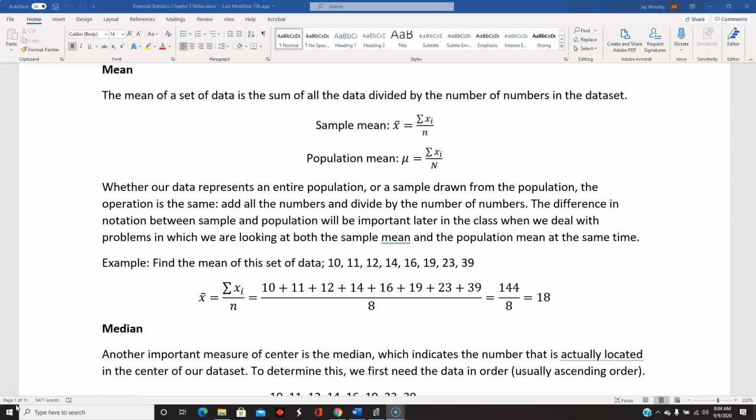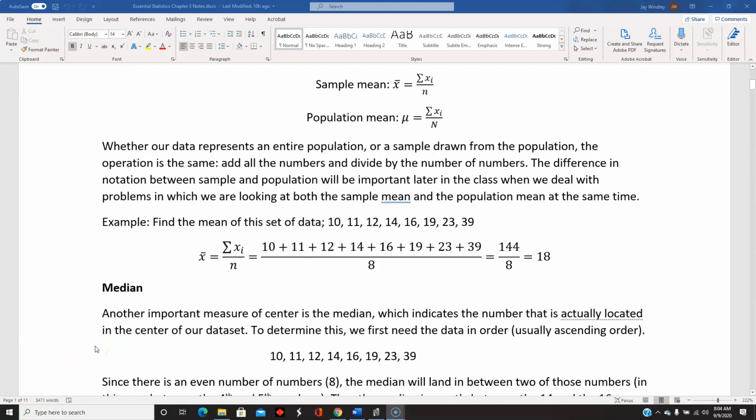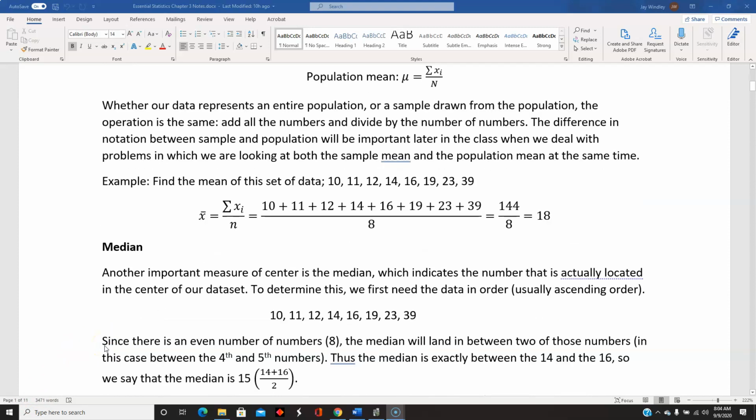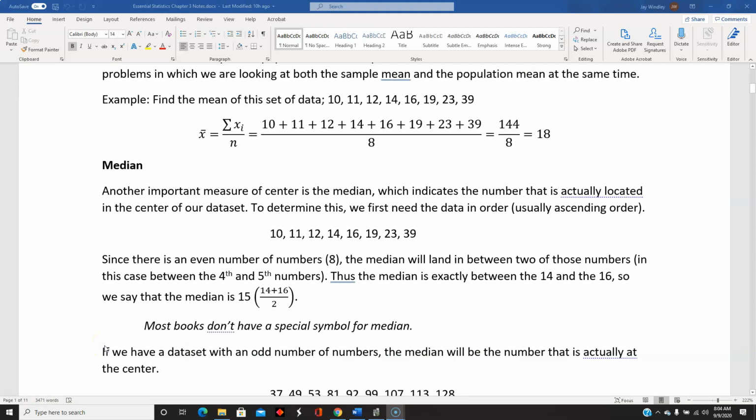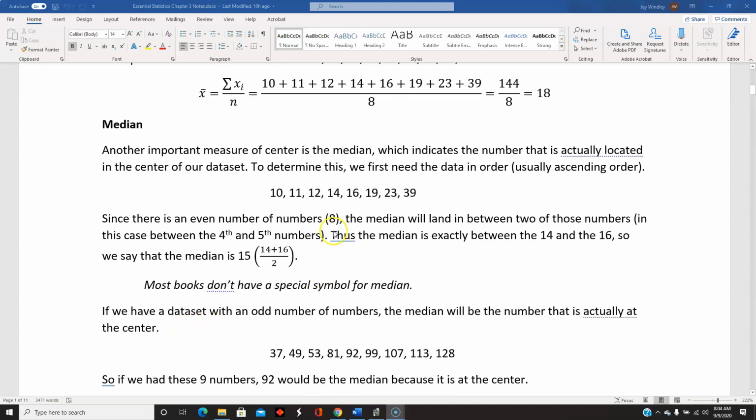Another important measure of center is the median, which is the actual center of the data. So to find the median, you usually have to have the numbers in order. And in this case, there's an even number of numbers, so the median will land in between two of those numbers. Like right in here, 4 below this point and 4 above this point.